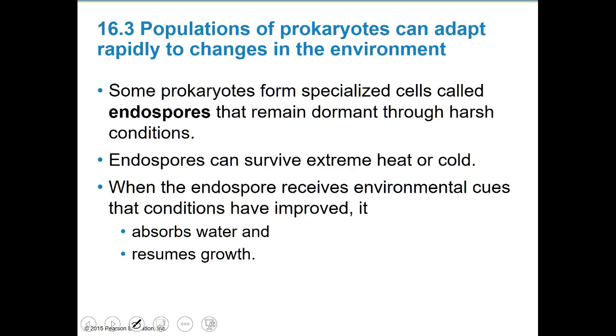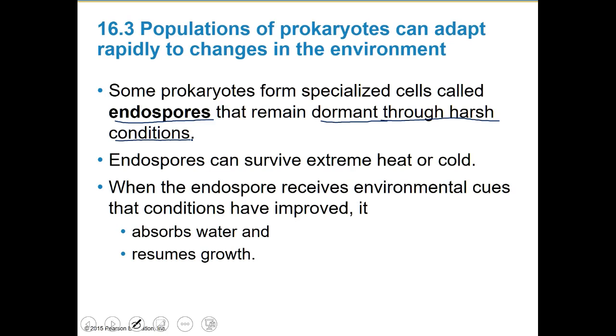And that's because prokaryotes can form specialized cells called endospores. So they were sending endospores, these dormant prokaryotes that stay dormant in harsh conditions. They put the anthrax into this endospore in this dormant phase, and then it could survive extreme heat, cold, and unfortunately, even the UPS.